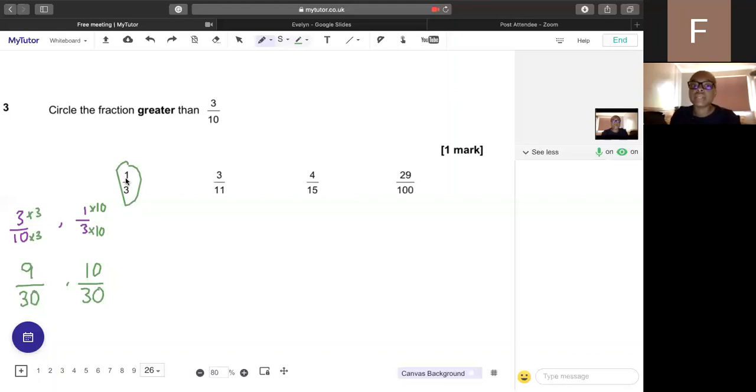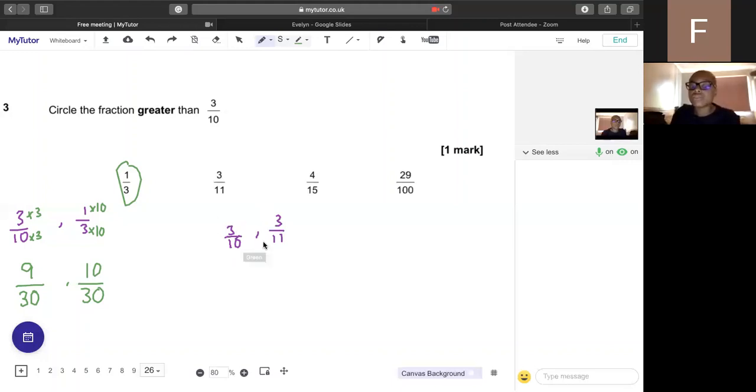Now, if we tried it with each of the other ones, let me show you a quick example with the next one. If I was to do 3/10 and 3/11, we'll see what happens, since this one was quite quick. So a common multiple with 10 and 11 would be just multiplying the two of them together.